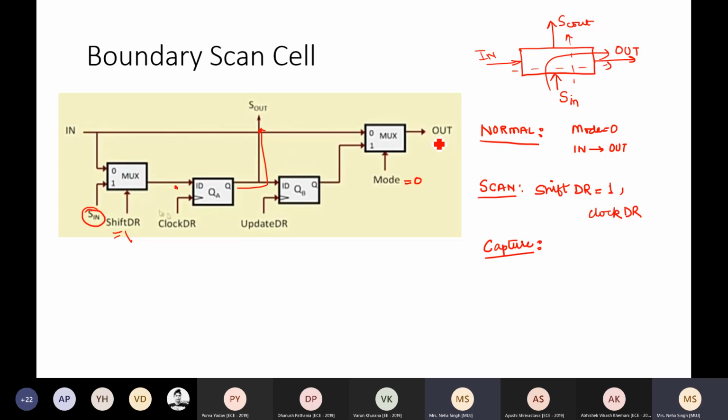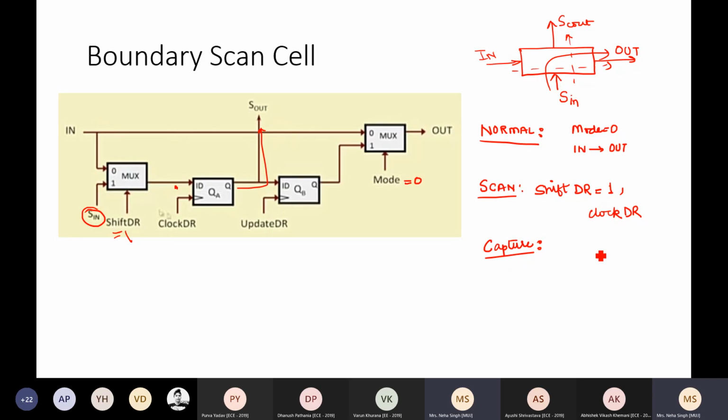Because when we saw in the last class, the scan out is observed, and at the same time you were inserting the next state. Because you had set TC equal to 0, if you remember your block diagram with the shaded area, you observed the previous cycle of shifted values and at the same time inserted the new values. So both things were working simultaneously. So if you are shifting new data, the old data should not be overwritten. So I use this capture mode.